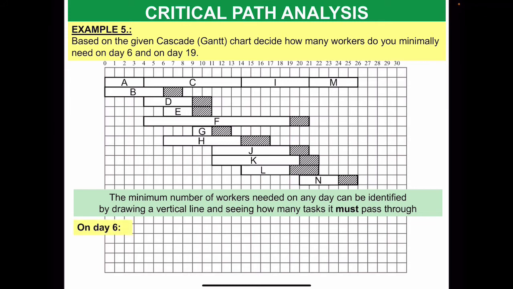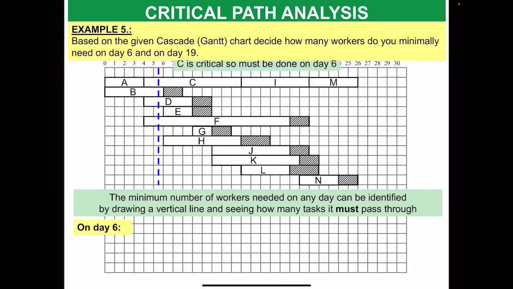Day 6 is happening here, between 5 and 6, right? You can see that definitely activity C must be happening because it's a critical activity.